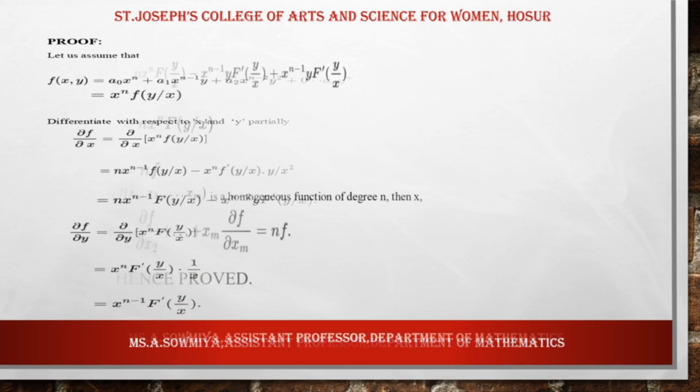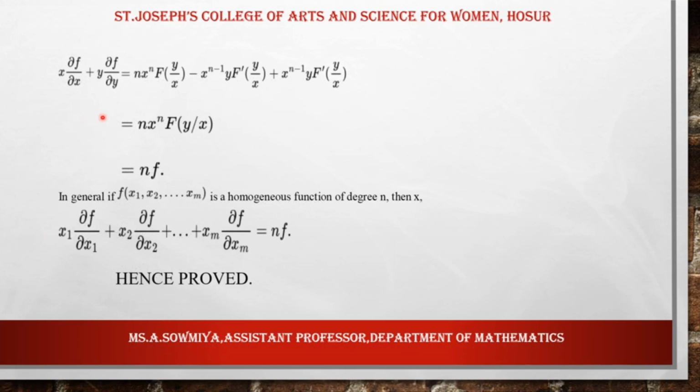Now, let's add the two terms, that is the x and y terms. So we get x into dou f by dou x plus y into dou f by dou y equals n into x power n into f of y by x minus x power n minus 1 into y into f dash of y by x plus x power n minus 1 into y into f dash of y by x.